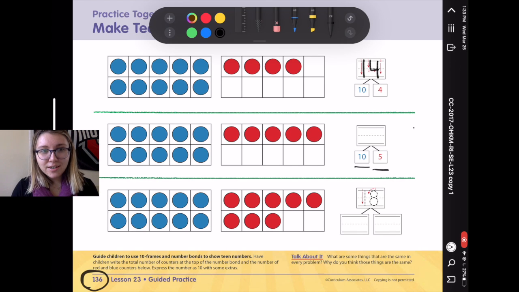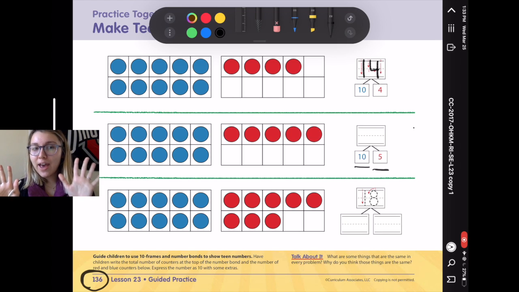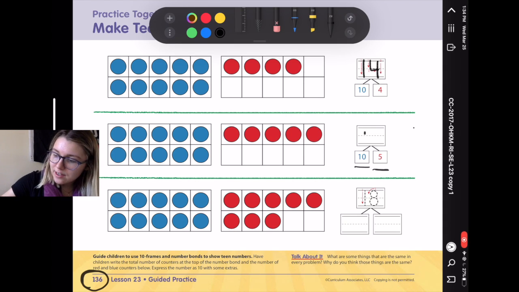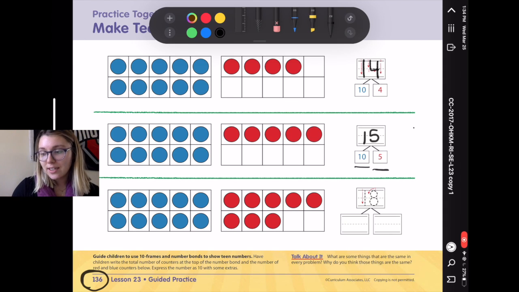Do we know yet? How many total counters are there? There's 10 and 5 extra. 10 and 5 extra dots. 15, you're right. 1 and 5 gives us 15. Make sure you have that total at the top in your student book.